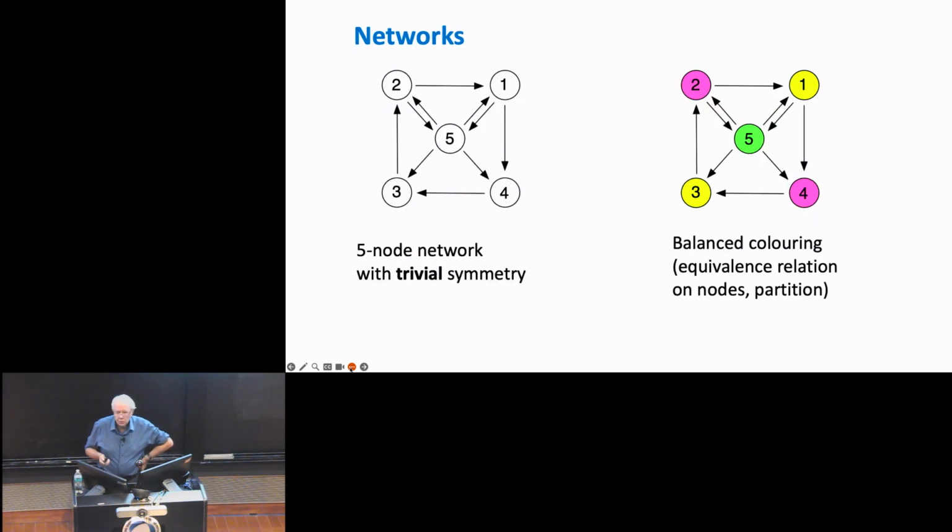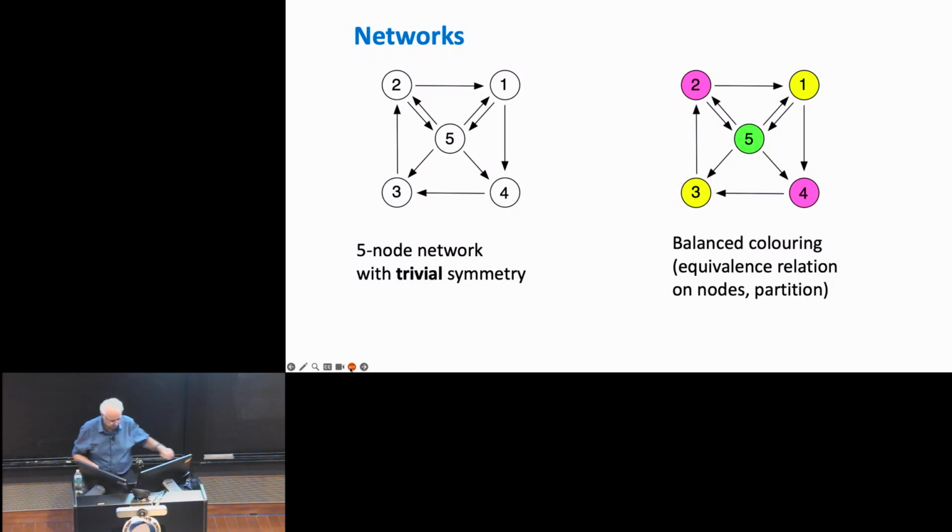Now what I want to talk about are what are called balanced colorings on networks, and these are to do with the possibility of having a dynamical system attached to each node, essentially the same system, coupled together according to the connections of the graph, and a balanced coloring actually gives you synchrony between certain nodes.